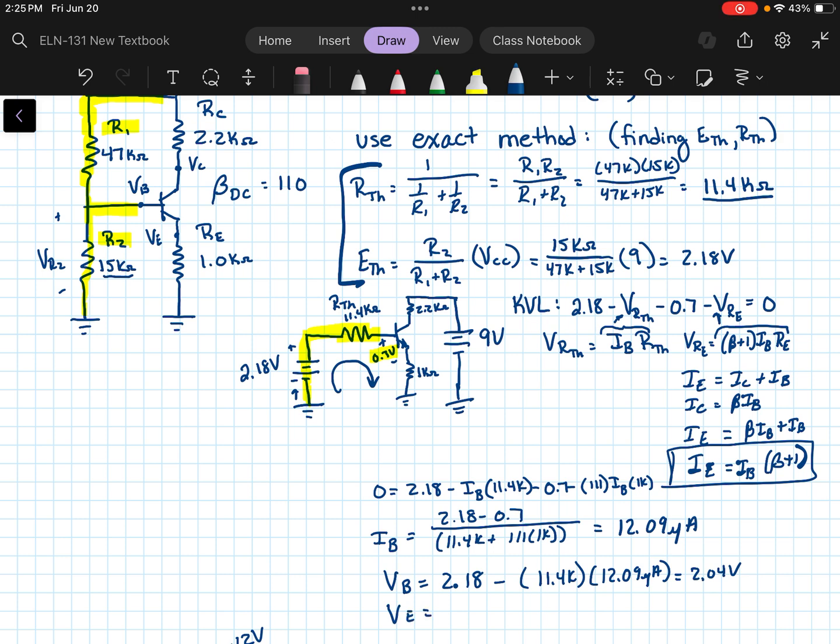VE, of course, is going to be VB minus the 0.7, so I'm just going to subtract 0.7 from that. Again, this is an approximation. So about 1.34 volts for VE and VB.